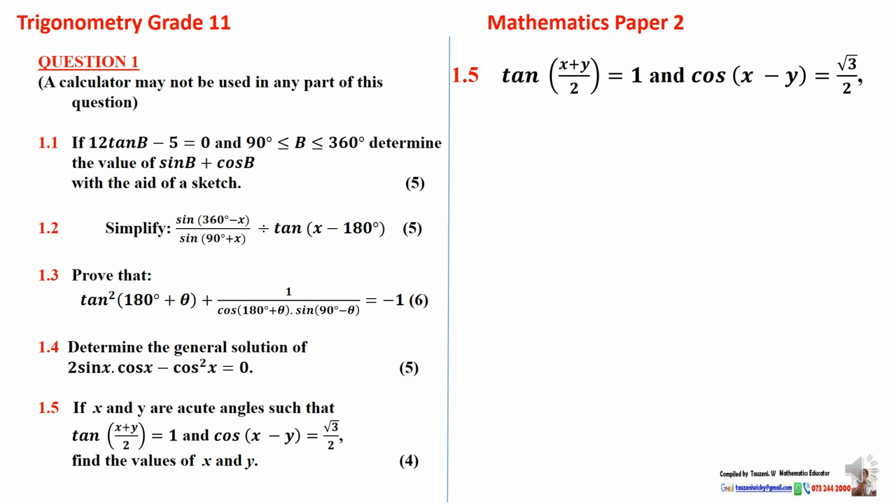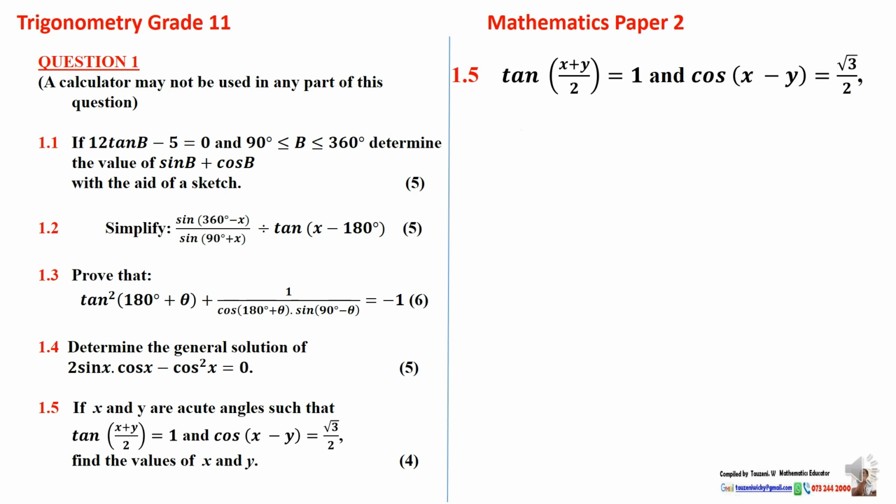Question number 1.5. Now this is straightforward, but if you are not careful, it can look like something difficult. We should know that using a calculator we can determine this. Even without a calculator, we need to remember our special angles.